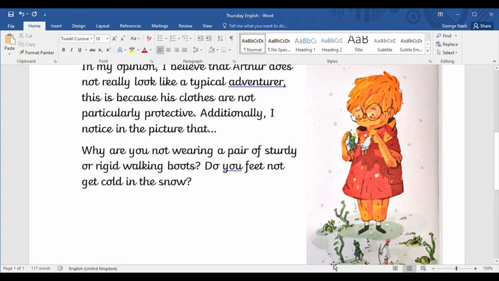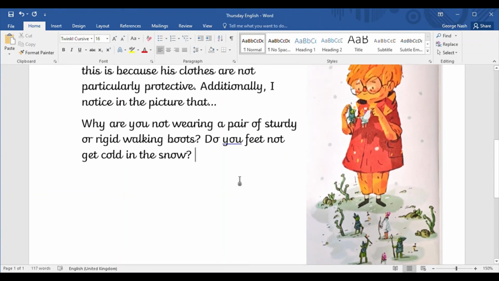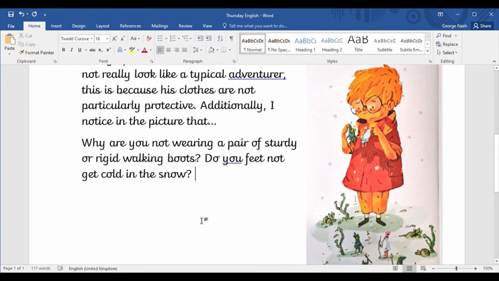Question mark. So here, look, sturdy or rigid just means they're really strong walking boots. Because you think about it, he's just wearing some sort of pumps you wear in PE. And the whole story is set in Iceland where it's incredibly cold. So I wonder why. He also looks like he's wearing some sort of shorts here. He's going to get very, very cold legs unless he has some thick woolly socks.